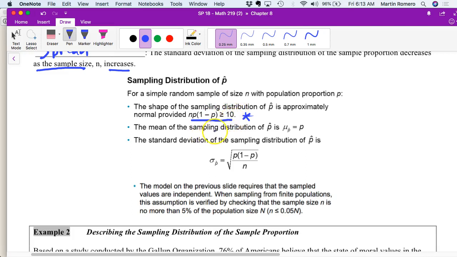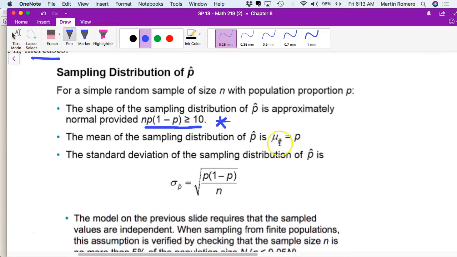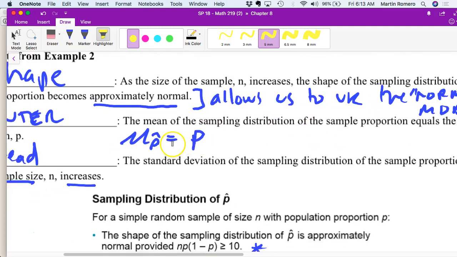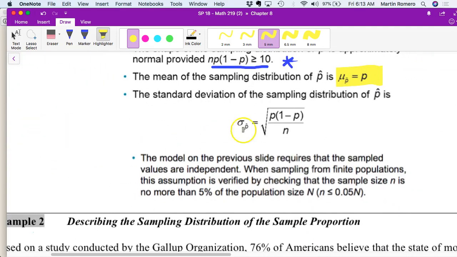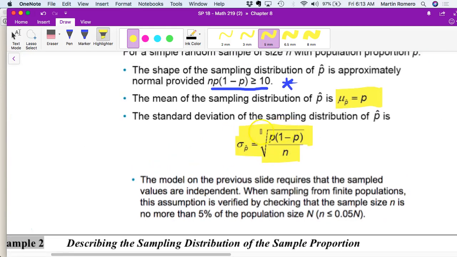The other important conclusion is that the mean of the distribution of p hats equals the population proportion, which we said in center. And then we have this formula that we need to use. It is the standard deviation of the sampling distribution, which we calculate so that we can then use the normal model.